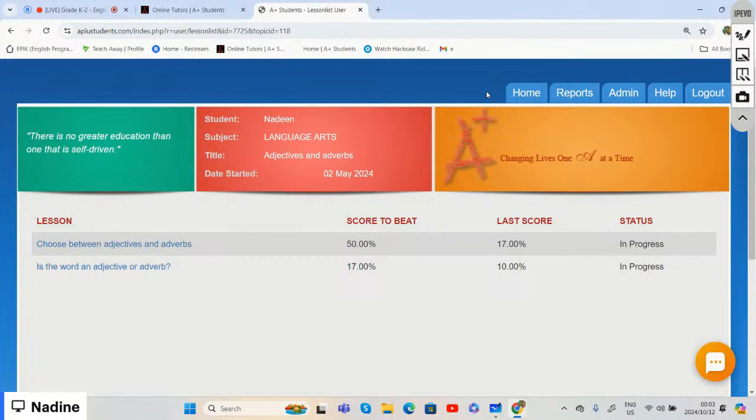So now, today we'll be doing both adjectives and adverbs. We're going to have to choose between an adjective and an adverb. You can also say, is the word an adjective or is it an adverb?